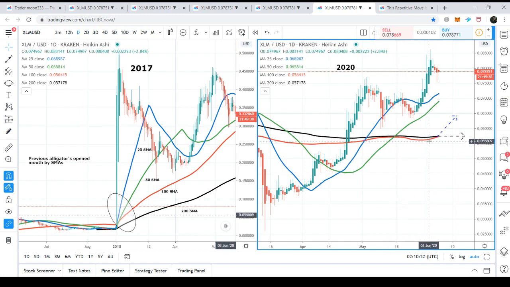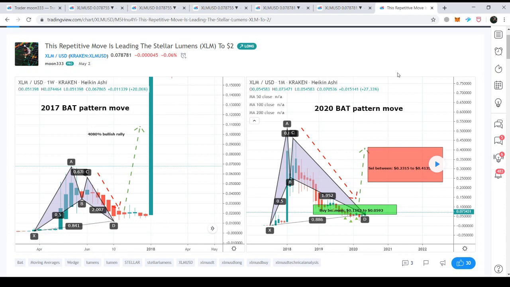Therefore, whenever the 100 simple moving average crosses up the 200 simple moving average, and there is a distance between these two, so that the cross is very wide, then it will be very easy for the price line to move up more, and it will trigger a very powerful bullish divergence.